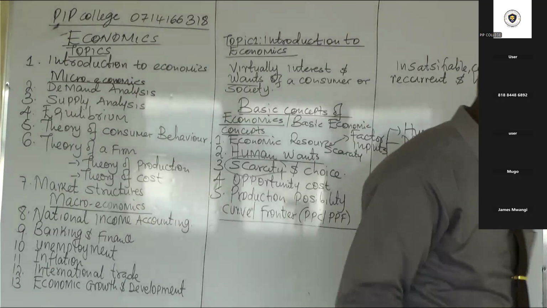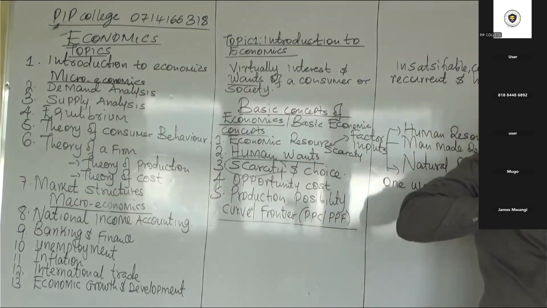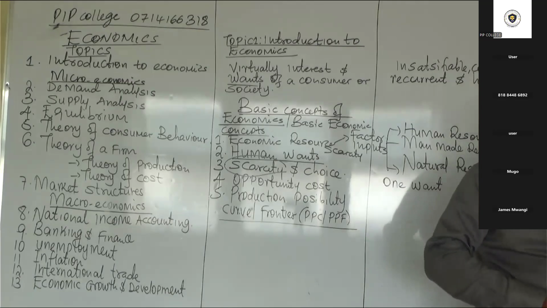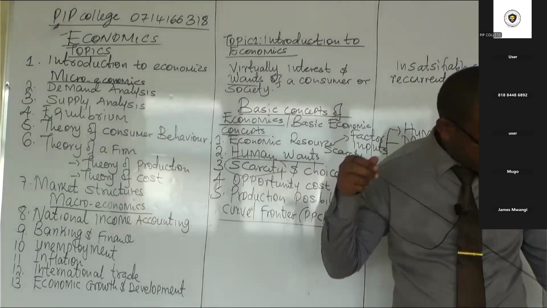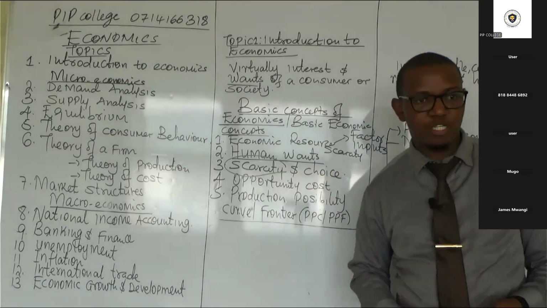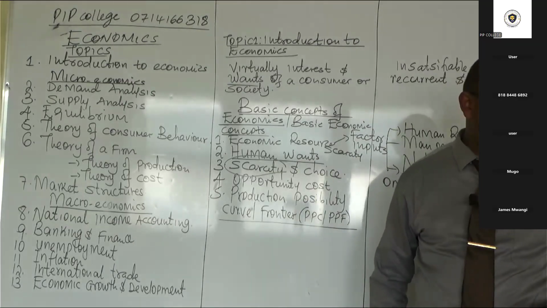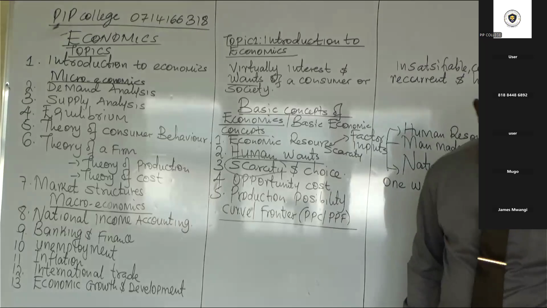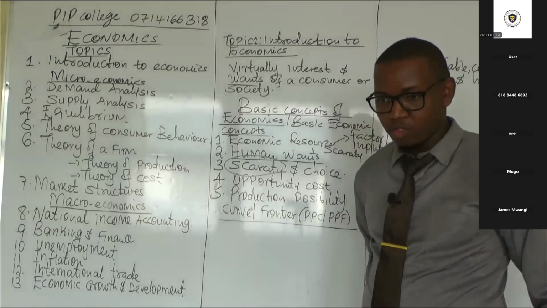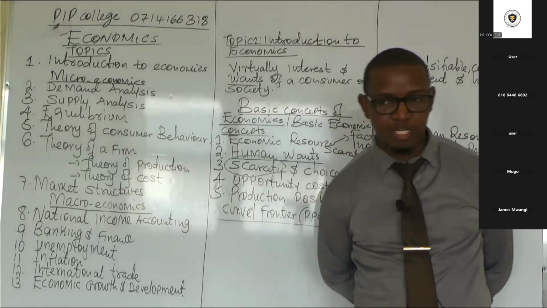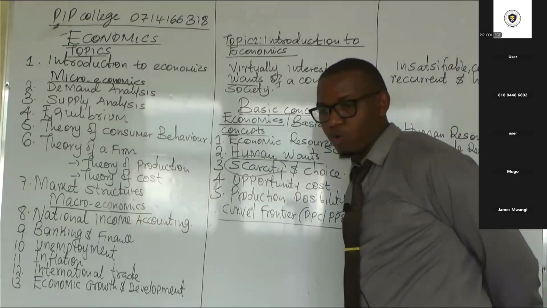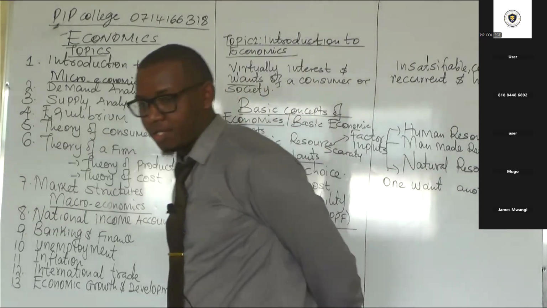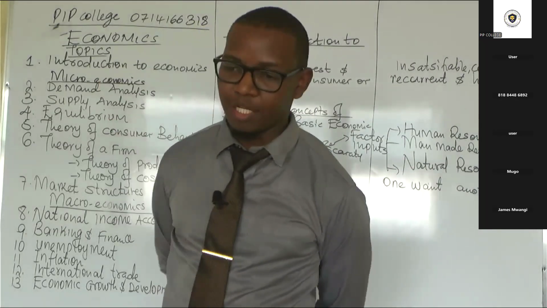Now we continue. You also know that the choice to satisfy one alternative implies another one is foregone.